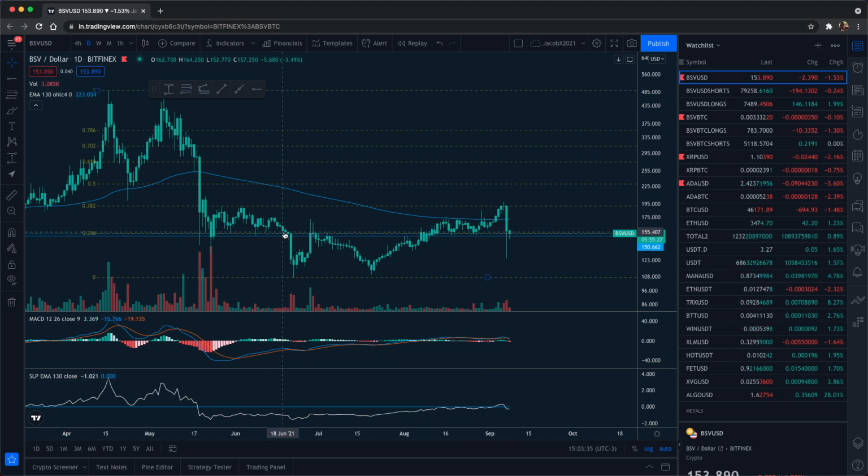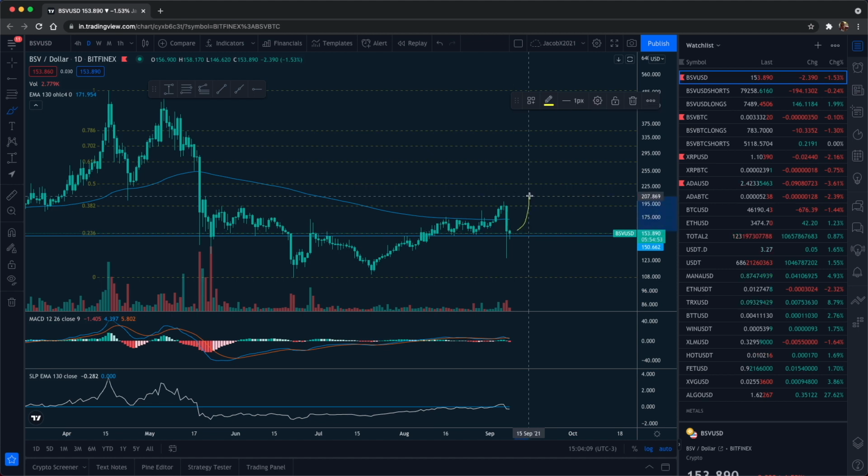So this line is showing very, very strong support. If we are to go lower, I don't think it'll hang down there too long. And with the utility that BSV is doing, even though it's not reflected in the market, it will not keep it down here. They will have to pump it up.